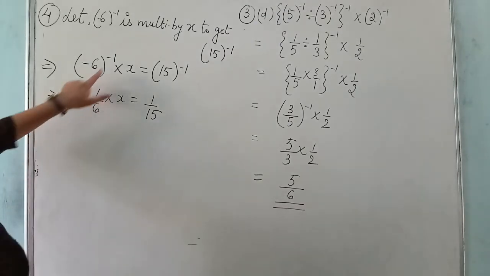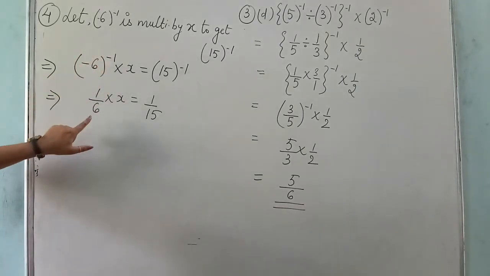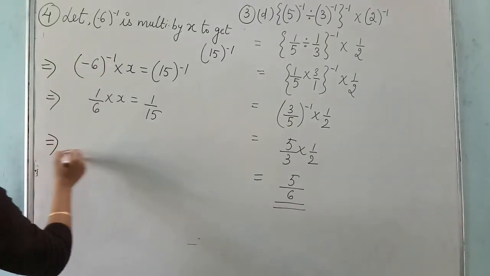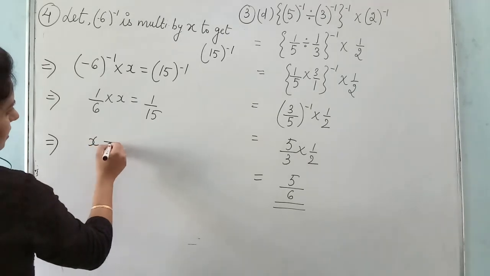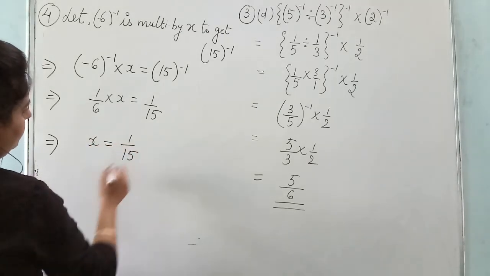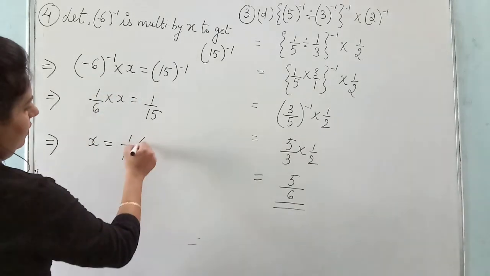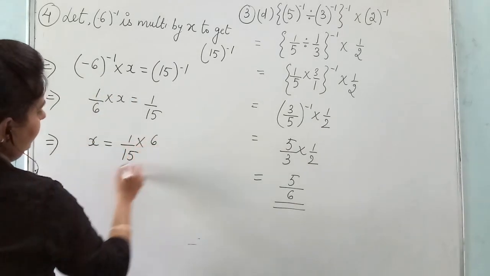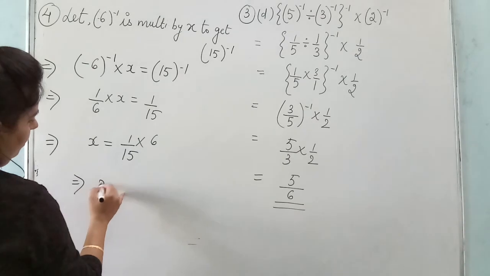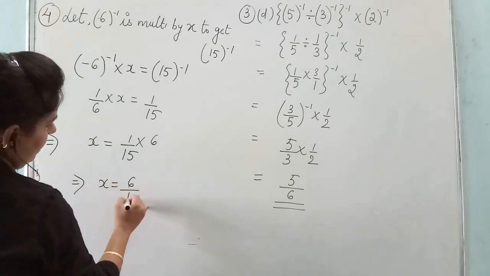Since the power was negative, I have converted it into positive. This implies that x is equal to 1 by 15; 6 is in the denominator here, and to that side it will go and become the numerator. This implies that x equals 6 by 15.